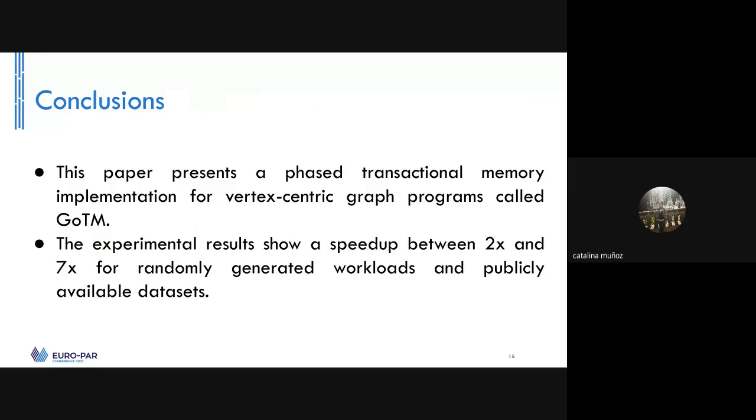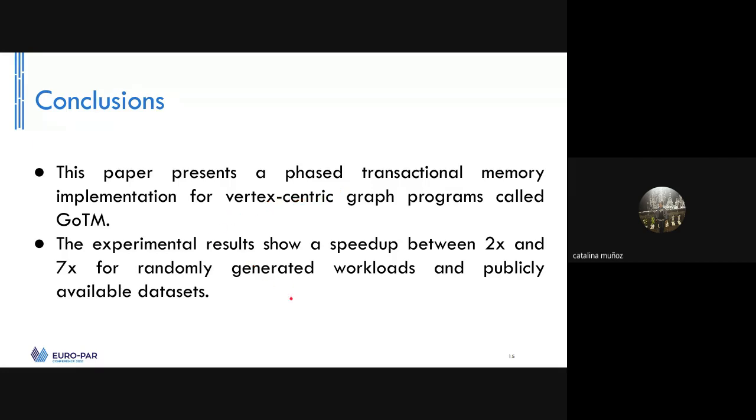To conclude, this paper presents our approach, which is, as I said, a phased transactional memory implementation, particularly for vertex-centric programs, but is not restricted to it. It can also use other types of programming models, subgraph-centric or edge-centric, and just enclose the parallel region within the statements of a transaction. But 6 of our tests are vertex-centric.